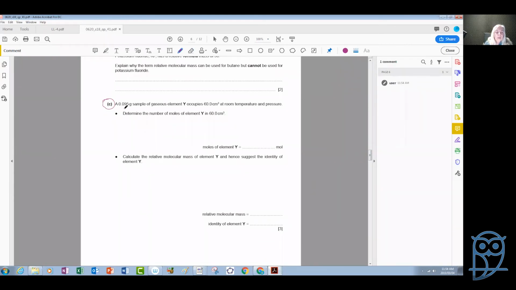We have a 0.095 gram sample of a gaseous element Y. The gaseous element Y occupies a volume of 60 cubic centimeters at room temperature and pressure, in other words, at RTP conditions. Determine the number of moles of element Y in 60 cubic centimeters.